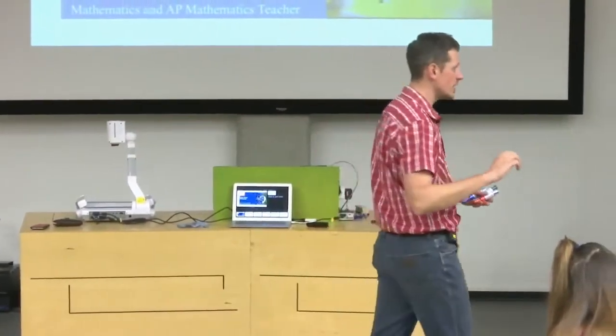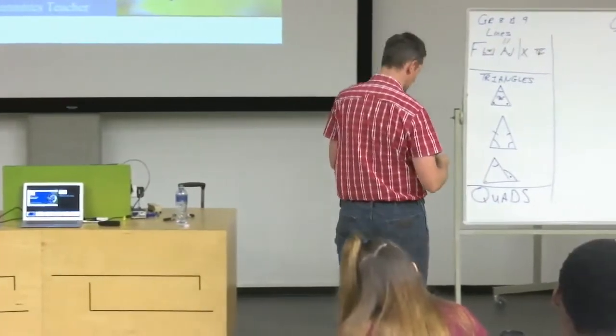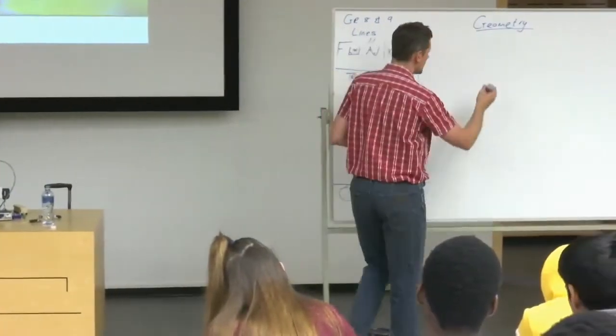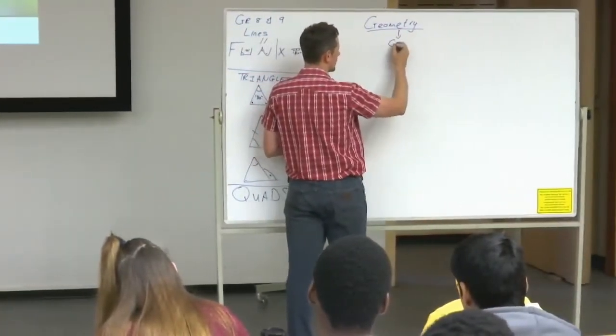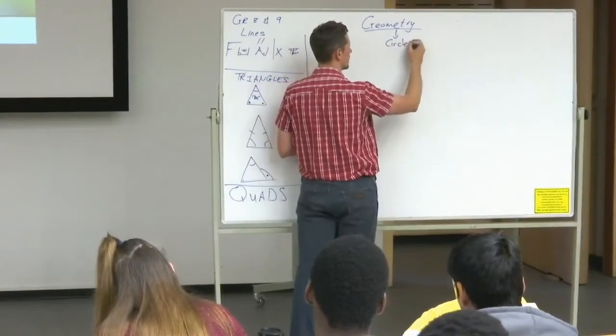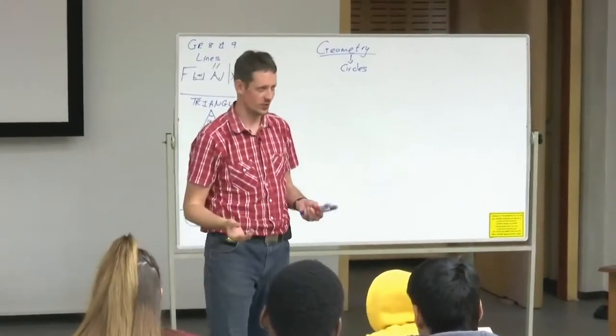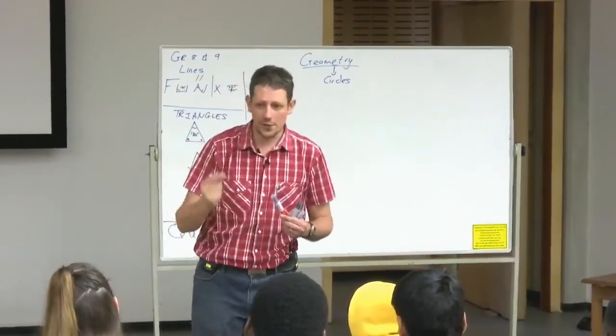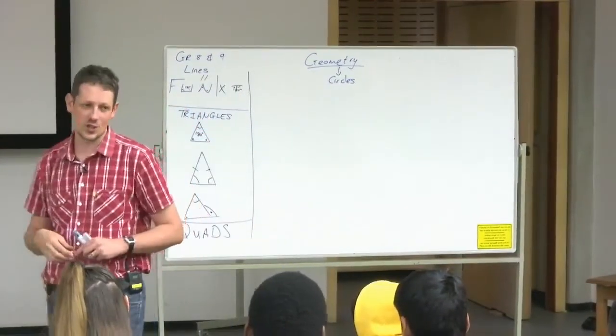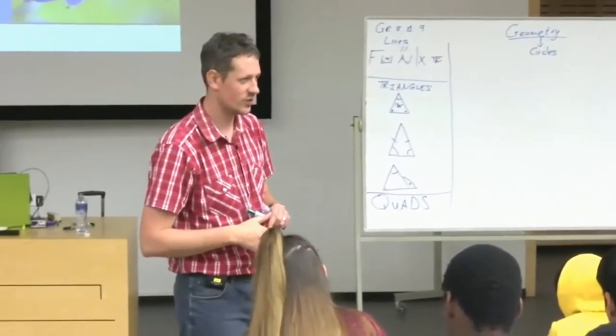Now, when it comes to grade 11, ladies and gents, we specifically look at circles. Now, here comes the shocking thing. Very few of you know what the definition of a circle is.